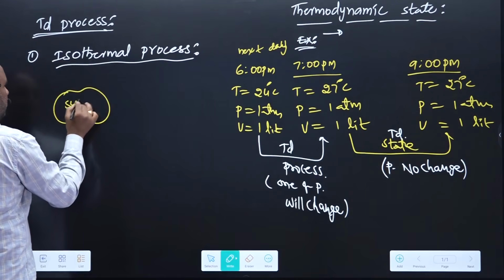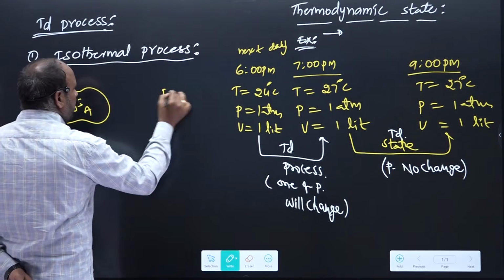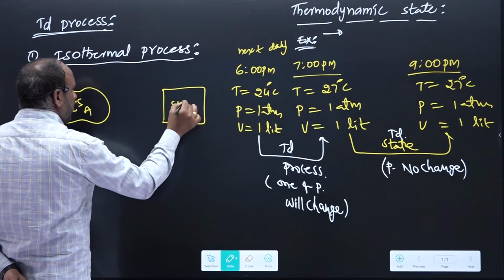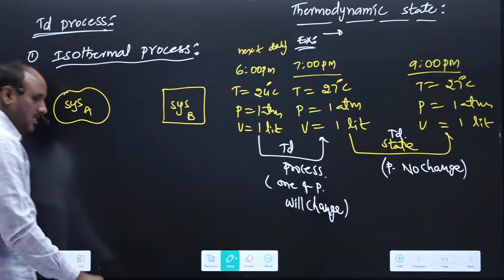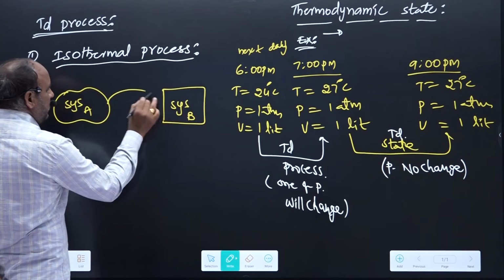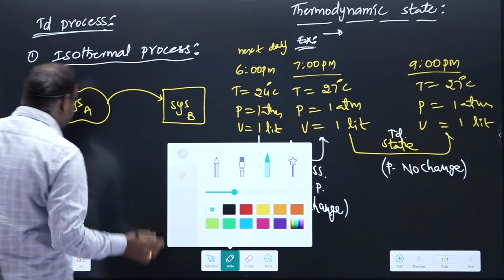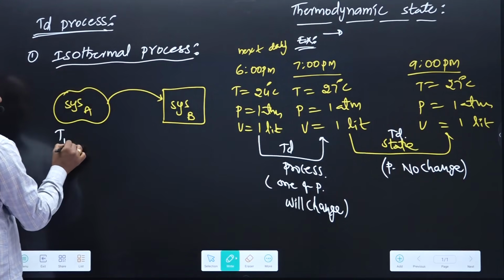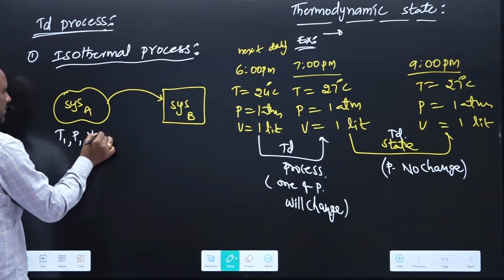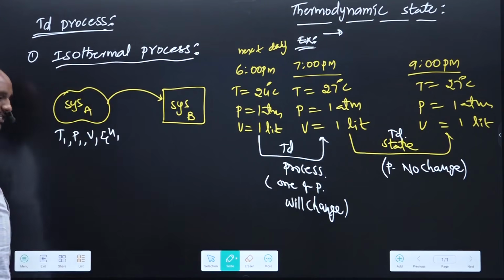So, this is system A. Then we consider one more system, system B, right? System A is converted to system B. What are the properties of system A? Temperature is T1, pressure is P1, volume is V1, and composition is N1.